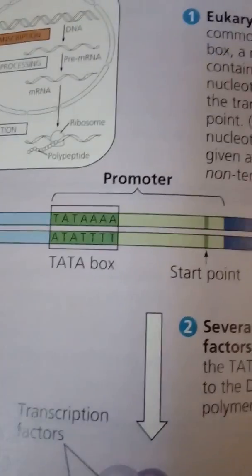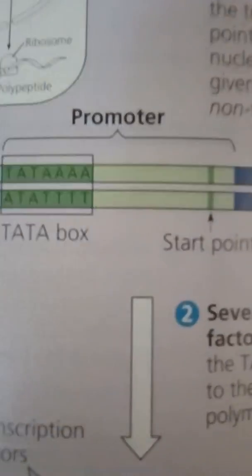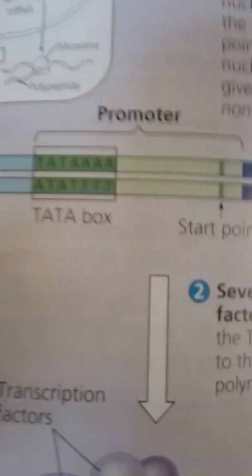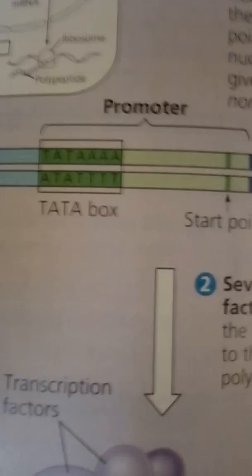A single gene can be transcribed simultaneously by several molecules of RNA polymerase following each other like trucks in a convoy. A growing strand of RNA trails from each polymerase, with the length of each new strand reflecting how far along the template the enzyme has traveled from the start point.